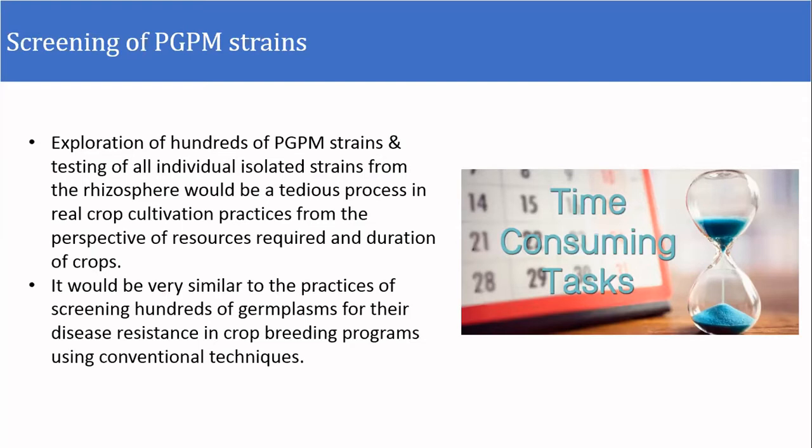In case of plant breeding, we know that they use genetic markers to locate, select or tag the resistant germplasms or the elite germplasms. And similarly here, we could also use the same methodology to look for the best or elite strains.